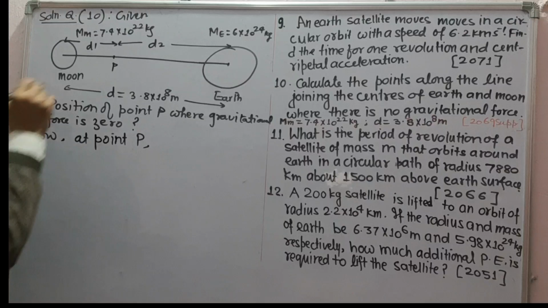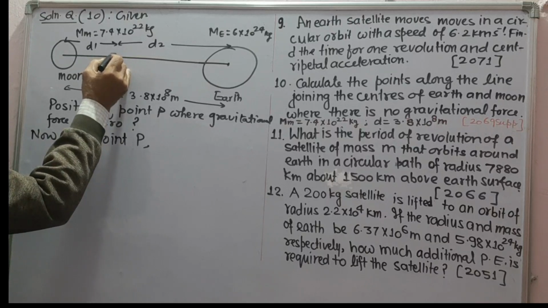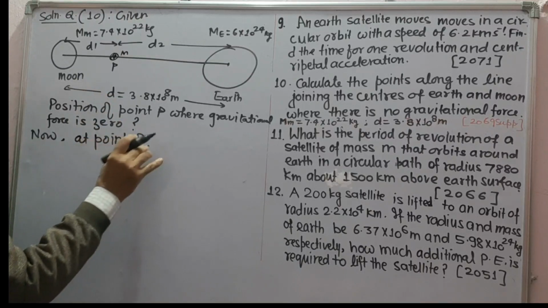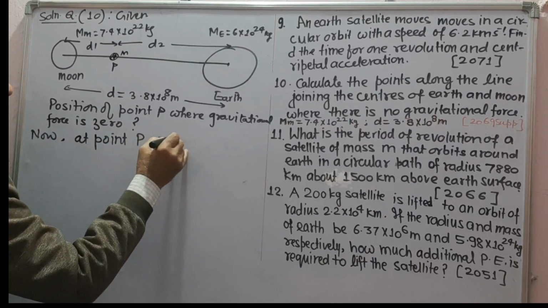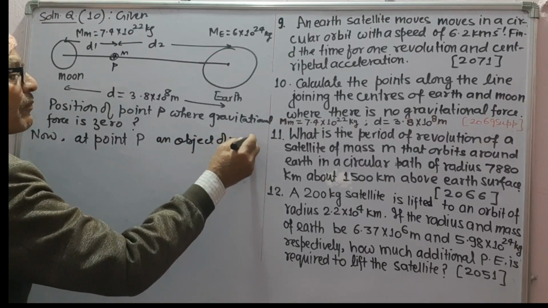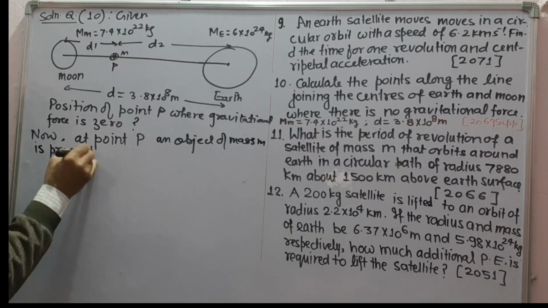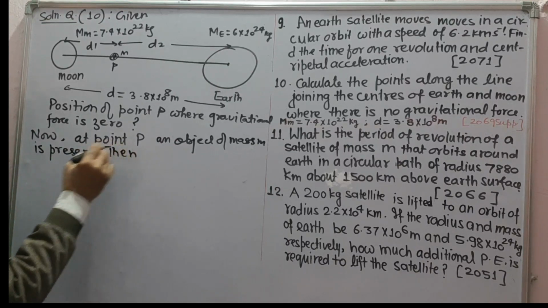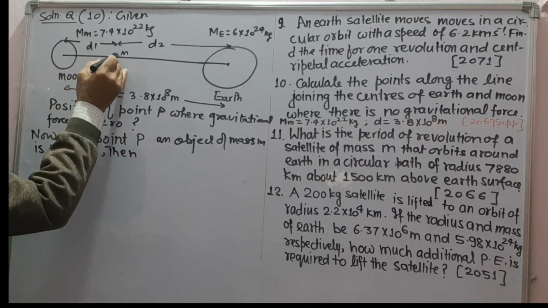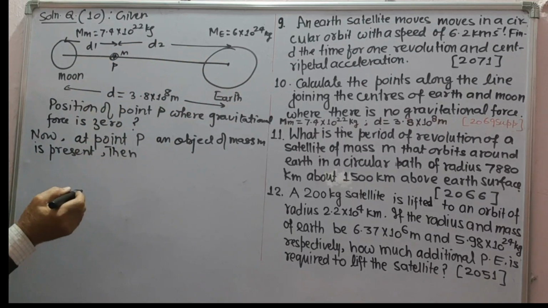Gravitational force will be 0 when, if at point P an object of mass m is present, then the gravitational force on the object by Moon must be cancelled by the gravitational force on the object by Earth.